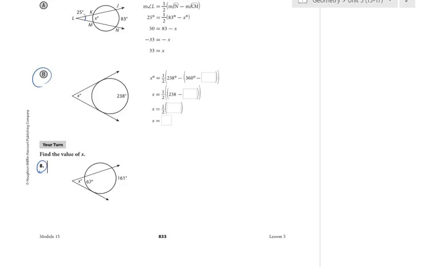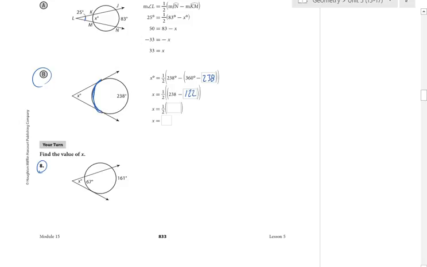Okay, so example B. We know the angle X is half the difference of the two arcs that are created. Now, they didn't tell us what this small arc is here, but we know that there's 360 degrees in a circle, so this would be 360 minus 238. And so what is that minor arc? 122. 122, does everyone agree with that?